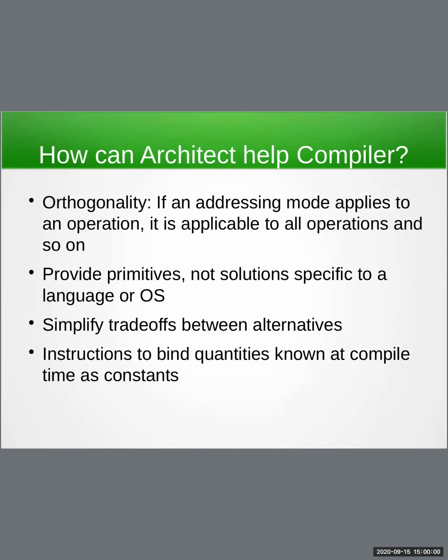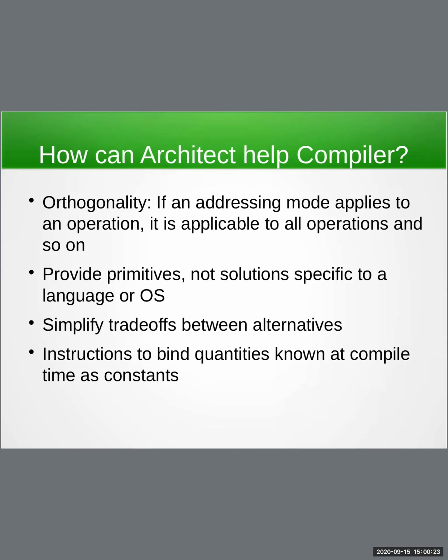Then the other thing is, if you know the value of something at compile time, no compiler wants to push it to runtime, because you can save time by binding the values at compile time itself. Why should you waste execution time?